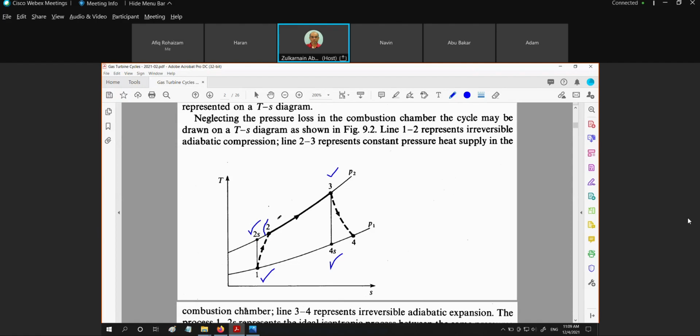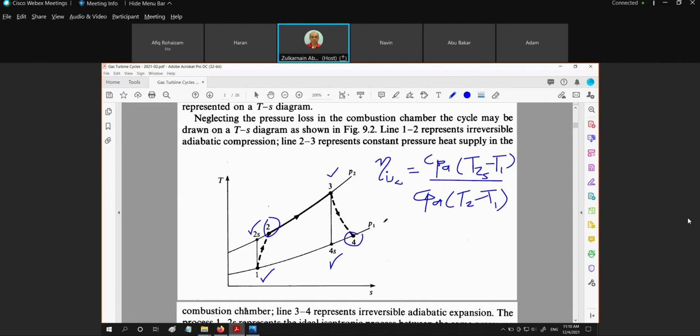Now, to look into T2 and T4, we are going to use the definition of isentropic efficiency for the compressor, which is the isentropic compression work, CPA (T2S minus T1), divided by the actual work, CPA (T2 minus T1).